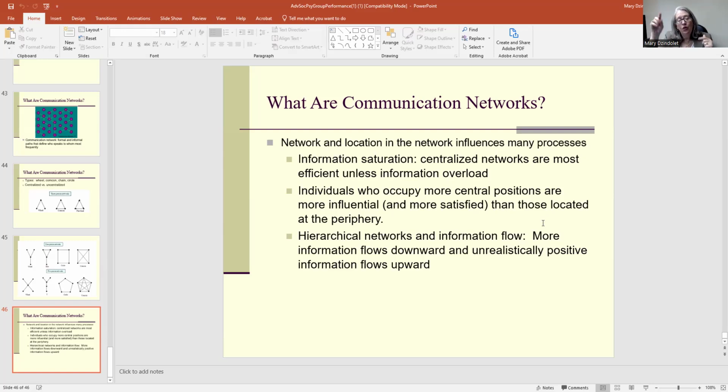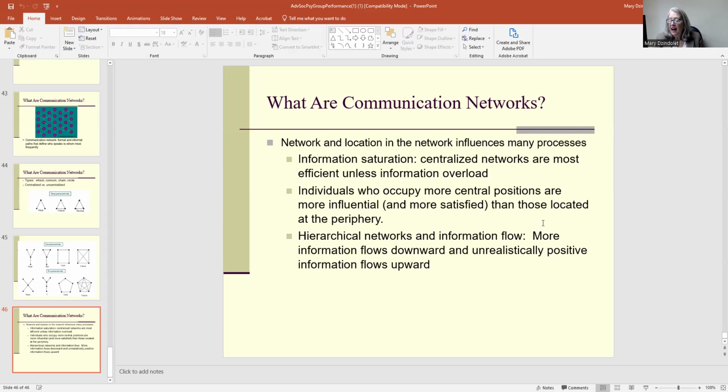So if you're up high, you know that when the people come up and say, oh, it's going to be great, we can do this in this amount of time, you might go, it's going to take twice as long to do that. And so you're adjusting, knowing that when the information flows upward, it's likely to be unrealistically positive based on the research.